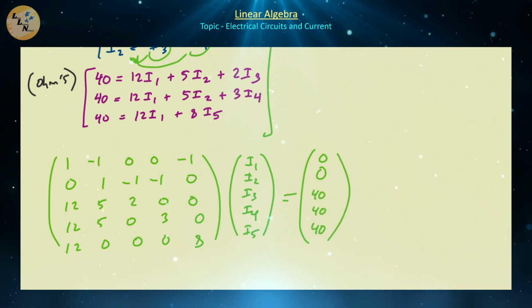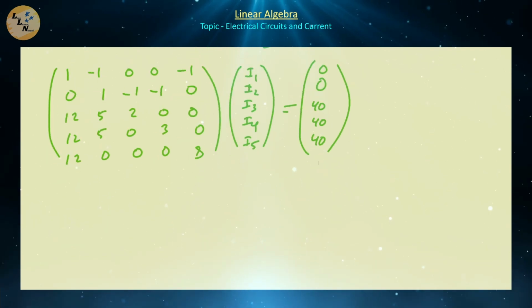Okay, so this is our equation that we seek to solve. Of course, you can try to use Gaussian elimination if you really want to, but this is probably where you want to use some software, because a 5x5 system definitely can be a little overwhelming if you try to do that by hand.